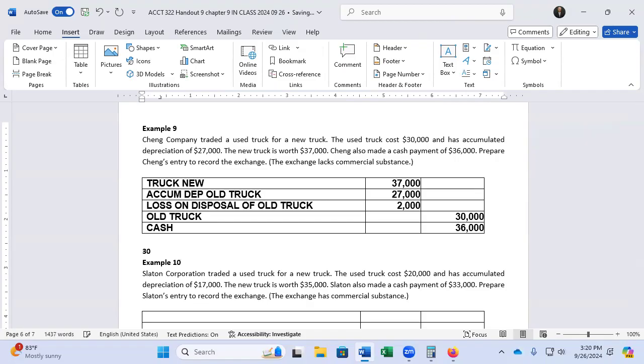So how is that calculated? 30,000 minus the 27,000 equals 3,000.